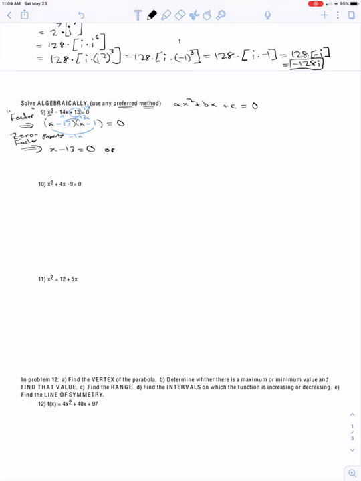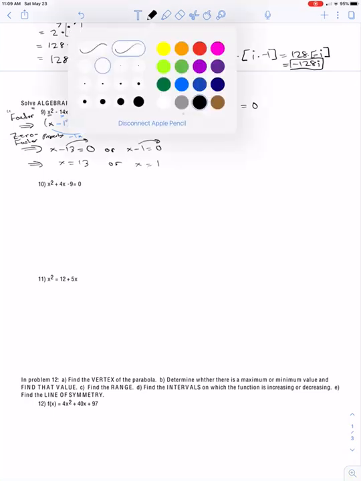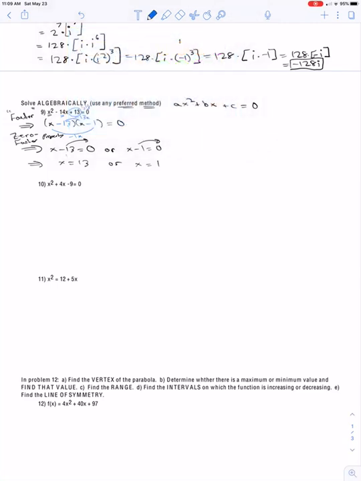So x minus 13 could equal 0, or x minus 1 could equal 0. As I solve for x, I get x equal to 13, or x equal to 1. Right, as we move those constant terms over, we use the addition property of equality. We can add it quickly over to show our work here.